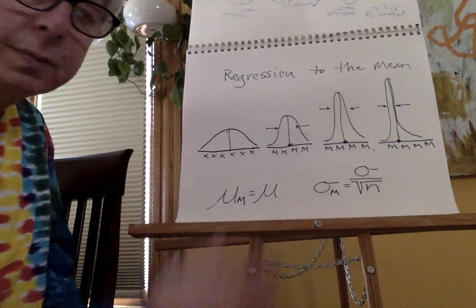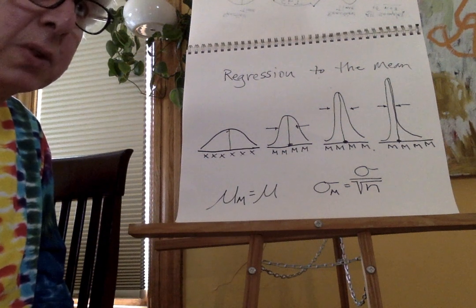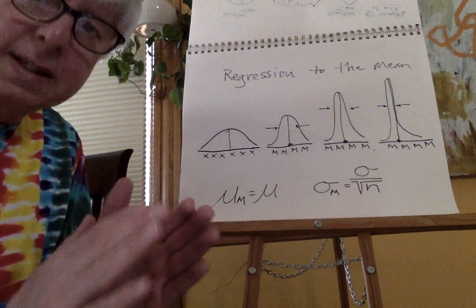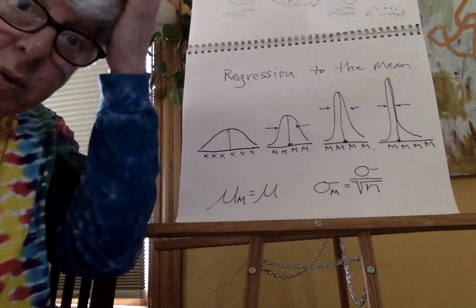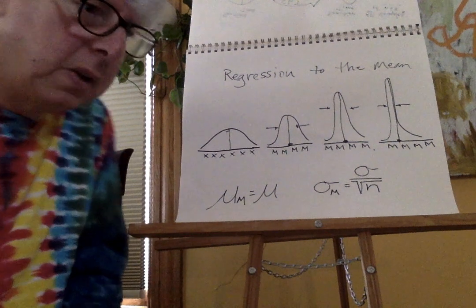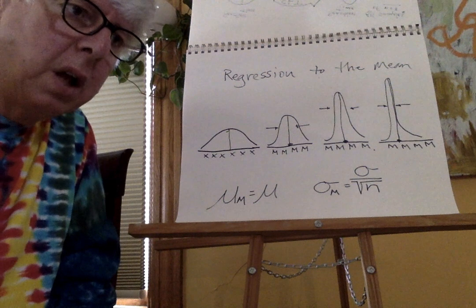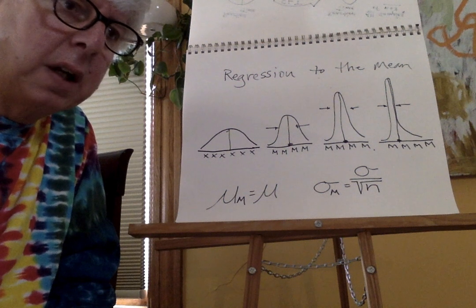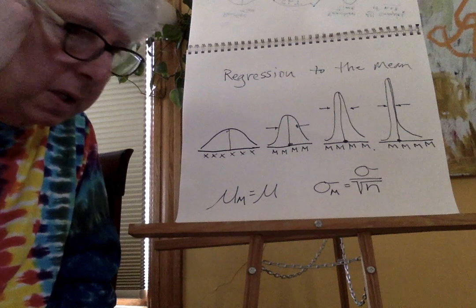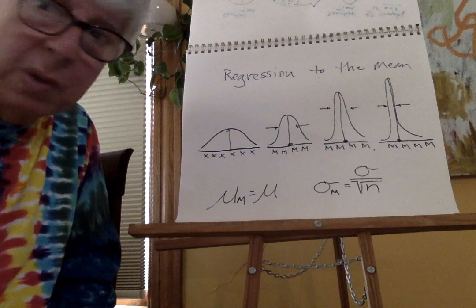Okay? When we take samples, we tend to see these numbers come inward. There's less variability, so there's more consistency. Okay? But this regression to the mean, you probably have some kind of gut feeling about it because I'll use a sports analogy again.